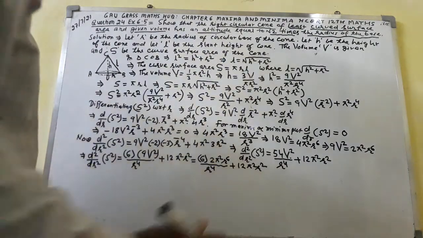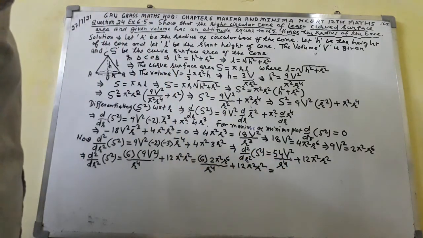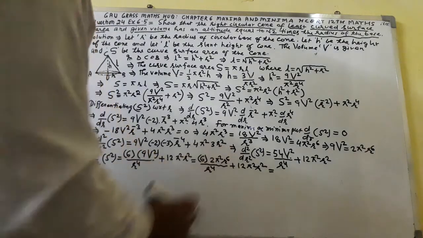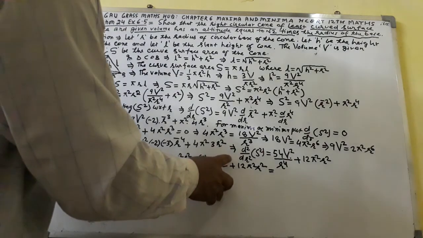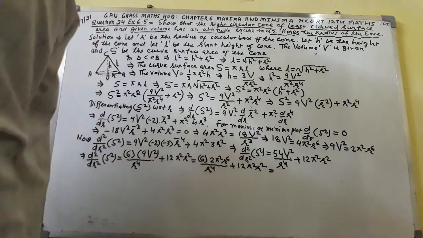So what to do here is equal to, here you can see r raised to the power 6, here r raised to the power 6, here r raised to the power 4. Both will be cancelled out.